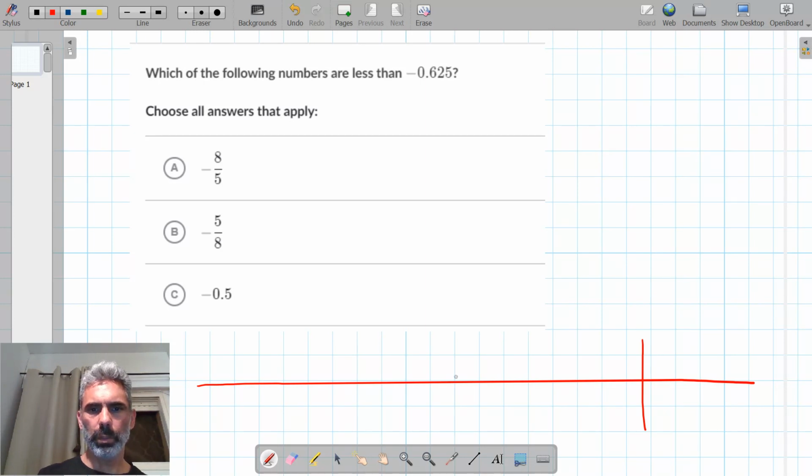So let's say that this is 1, this is minus 1 here. Let's say that this is minus 2. So point A, minus 8/5, is minus 1. Let's say that this is minus 1/2.